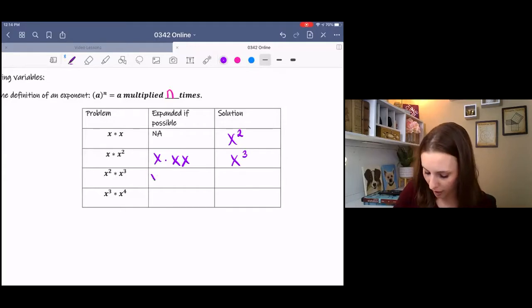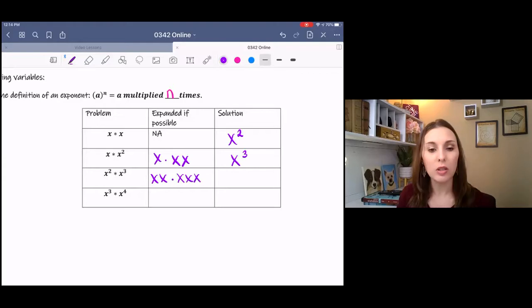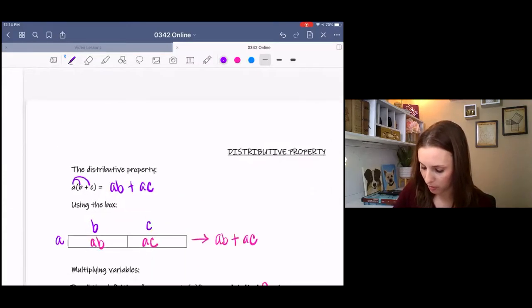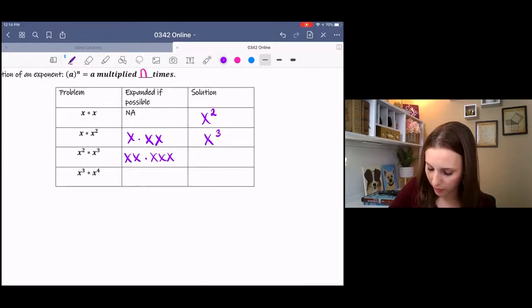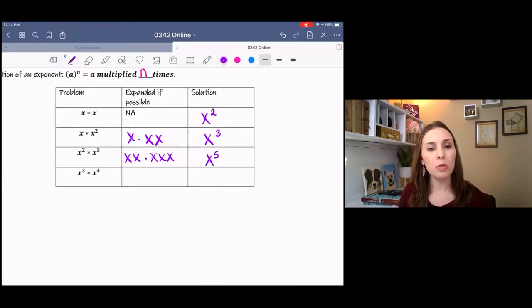And then we have x squared times x to the third. If I condense it back down, x is being multiplied how many times? 5 times.